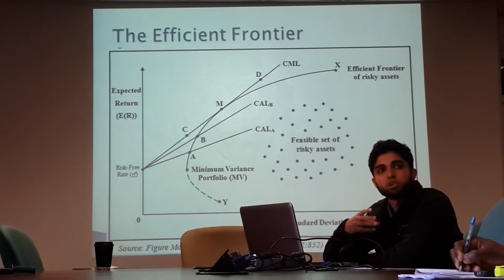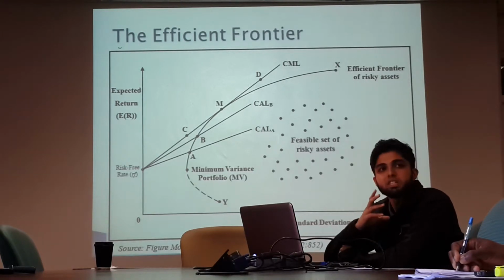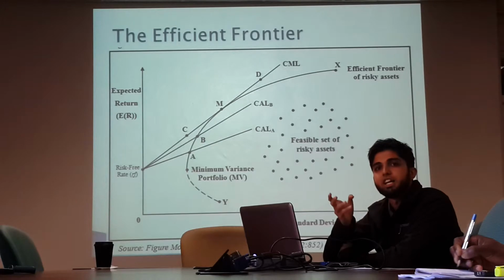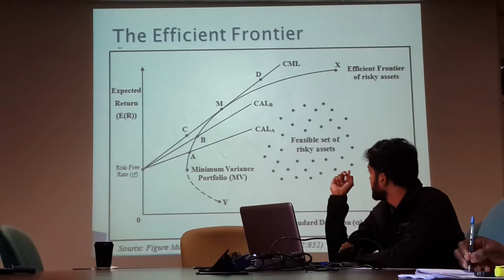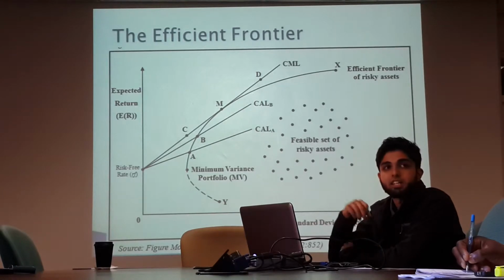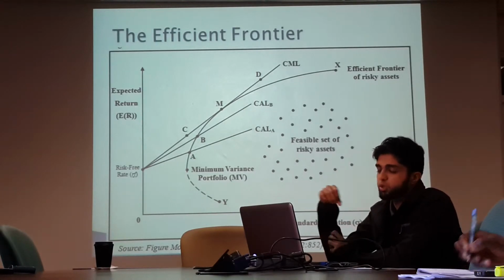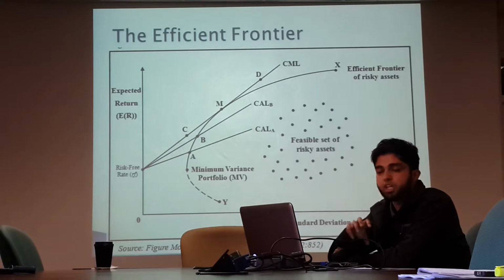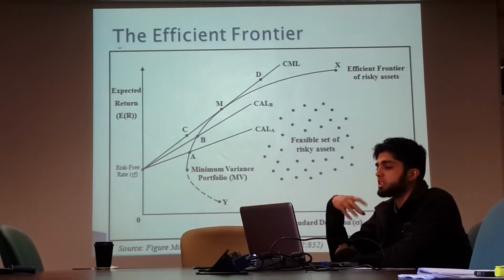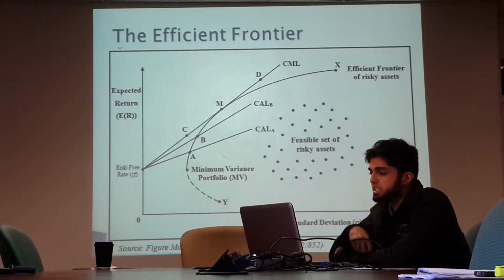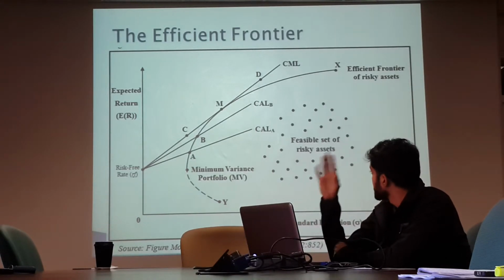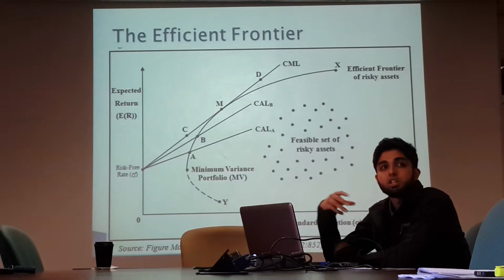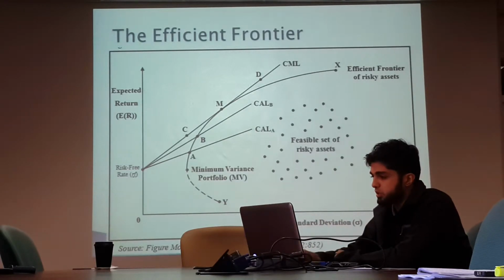The second step involves deciding how much to invest in the risk-free asset and how much to invest in the risky market portfolio. A more risk-averse investor will select a point such as point C, as he has part exposure to the market portfolio and partly to the risk-free asset. Whereas a less risk-averse investor will invest at point D, so he'll borrow at the risk-free rate and invest the total amount in the market portfolio.